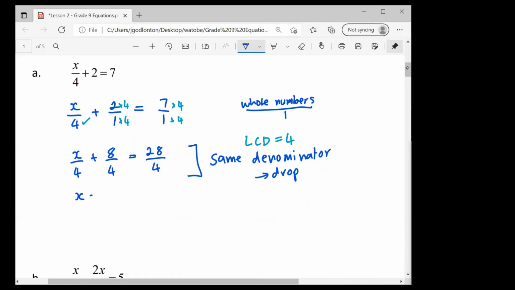I'm going to say x plus 8 equals 28. So I've dropped my denominator. And then I solve it like a normal equation. So I'm going to move this 8 over onto that side. So x is going to be 28 minus 8. And my final answer would be x is equal to 20.